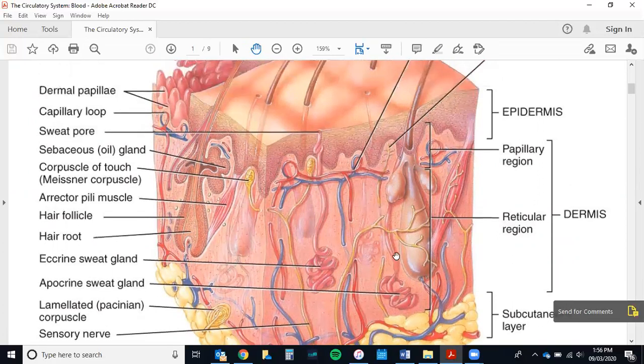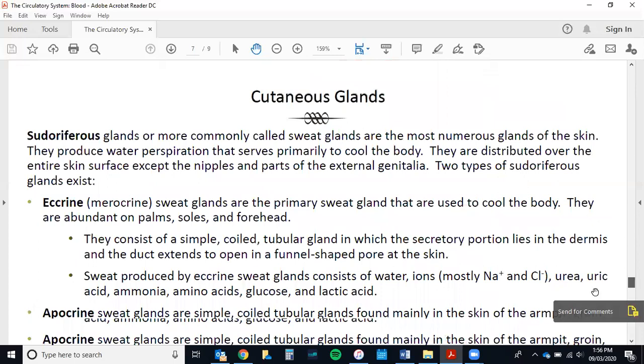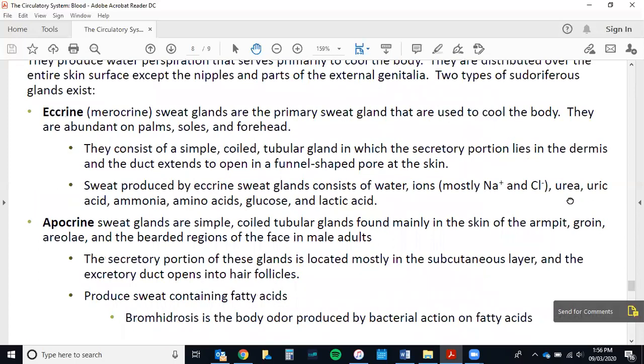Whereas apocrine sweat glands are always associated with hair because they open like a sebaceous gland into the neck area, almost where the hair pops out of the skin. We'll talk a little bit more about those here. First, let's talk about eccrine.